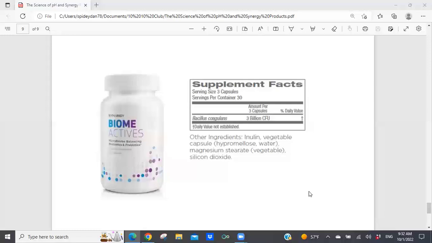As a spore, it's able to get through the acidity of the stomach without being broken down, which means you get more of your probiotic into the small intestine. In the small intestine, where the environment is more alkaline because of the types of foods that you're eating, that spore can then germinate because it's in a better environment.